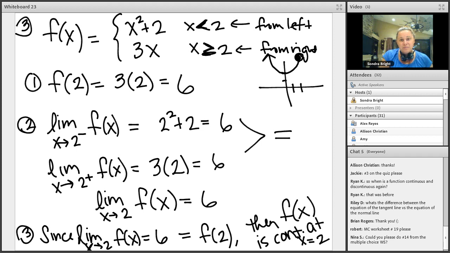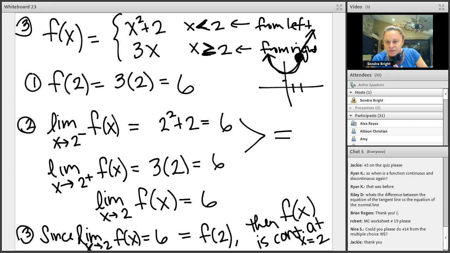So there's your graph, and it definitely fits that it's continuous. From the left, you're heading towards x equals 2 and your y value is 6. From the right, your y value is still 6, and so it is continuous.